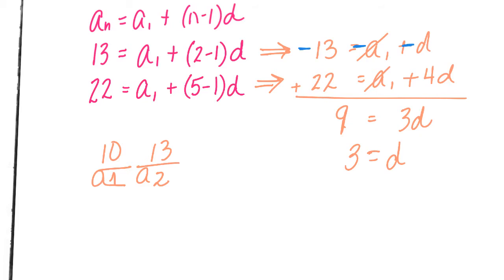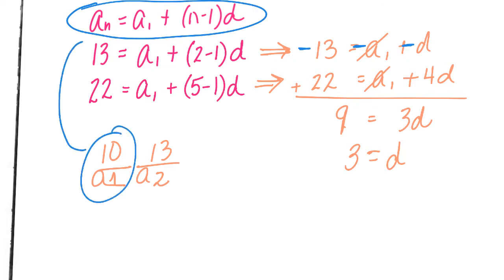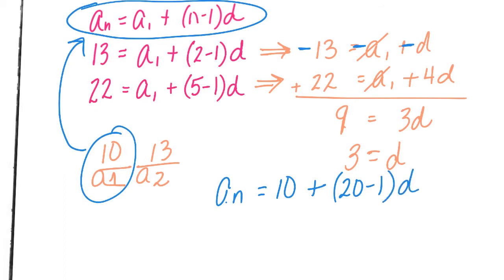So if I continue to solve all this, the first term is 10, the common difference is 3, and I can put all of this back into this equation to find the 20th term. A sub n is equal to 10 plus 20 minus 1 times the common difference. Sorry, I forgot to put in the common difference there. Remember, the common difference was 3.